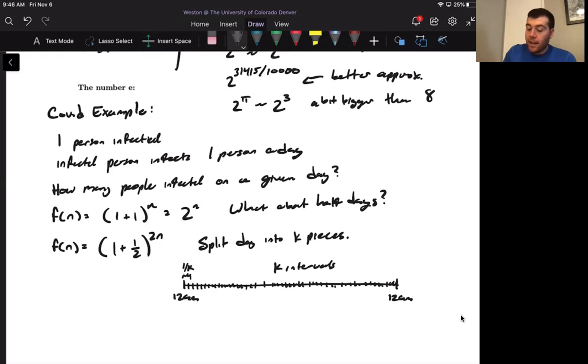We're thinking about k as some giant number, maybe like 1,000,000, and we're looking at the probability that we infect a person in that interval, which would be 1 over k. We're still assuming that you're not sleeping or anything, so you're equally likely to get them between 12 a.m. and 12 a.m.